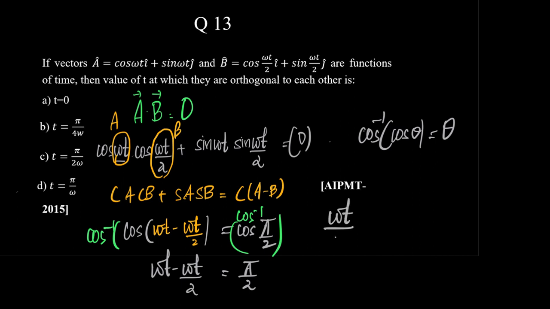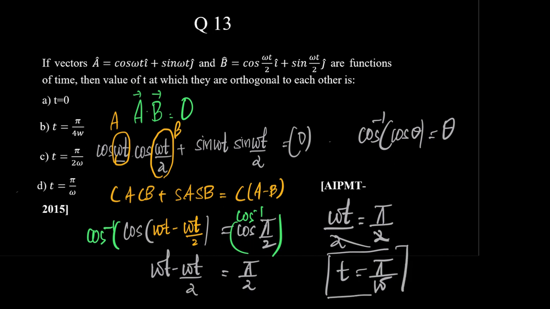So we have omega t by 2 is equal to pi by 2. 2 by 2 is 1, and therefore t is equal to pi by omega. Okay, that means the correct option is option D.